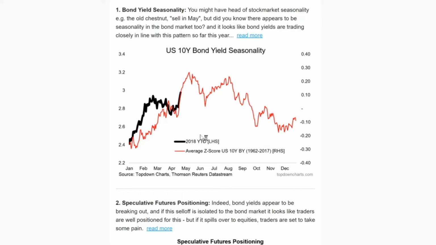But over the longer term, so this is from the period 1962 to 2017. If you want to read more about that, you can click on the link there, and it also has a look at how the seasonal pattern works in an uptrending market or a downtrending market.